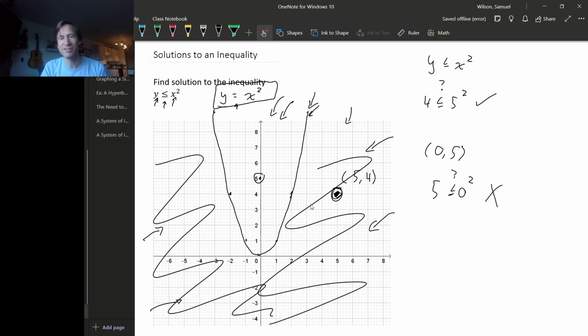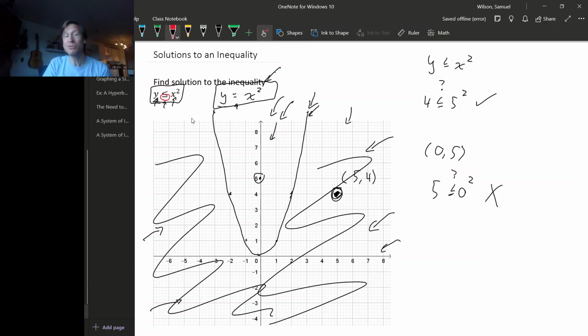Maybe the last thing we need to figure out: we know points above the parabola are not solutions. We know points below the parabola are solutions. What about points on the parabola? Well, remember, the parabola is where y is equal to x squared. If y is equal to x squared, is that a solution to this inequality? For this example, yes, because this inequality says "or equal to."